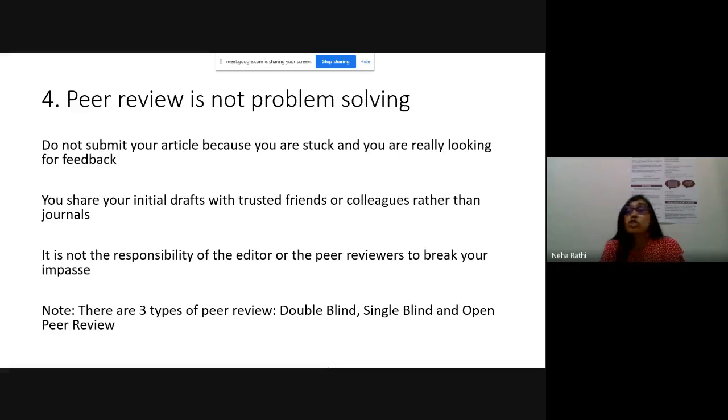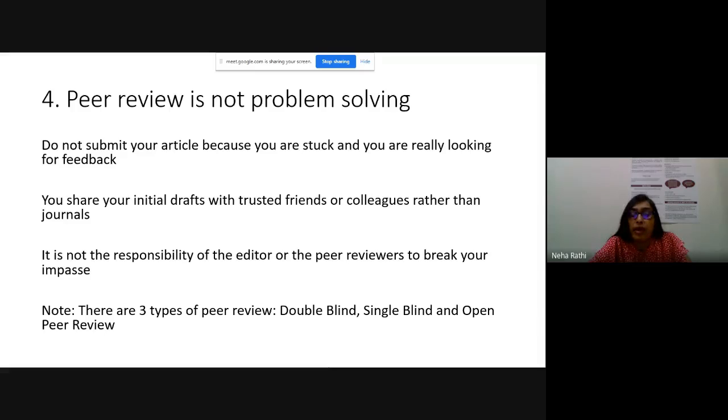If you are a student, you can share with another student, but be very careful. That's the reason I wouldn't use the word trusted lightly. There's so much fierce competition in academia nowadays that people may actually steal your data. So only share if you're sure that person is not going to steal your data. Otherwise, at your stage, I would say your supervisors will be a good choice to review. Anyways, they are going to review it for you.